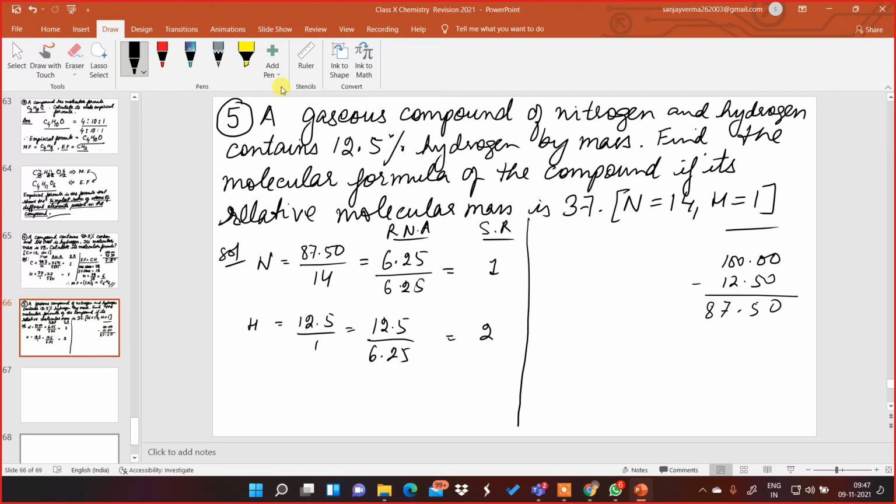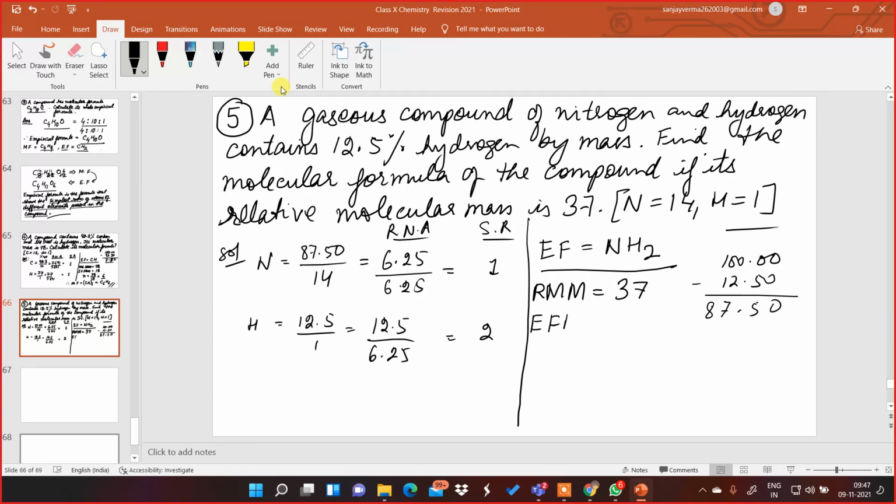So we have obtained the simple ratio for nitrogen and hydrogen. The empirical formula is coming nitrogen 1, hydrogen 2, correct, NH2. And the relative molecular mass given in the question is 37, but we don't know the empirical formula mass.